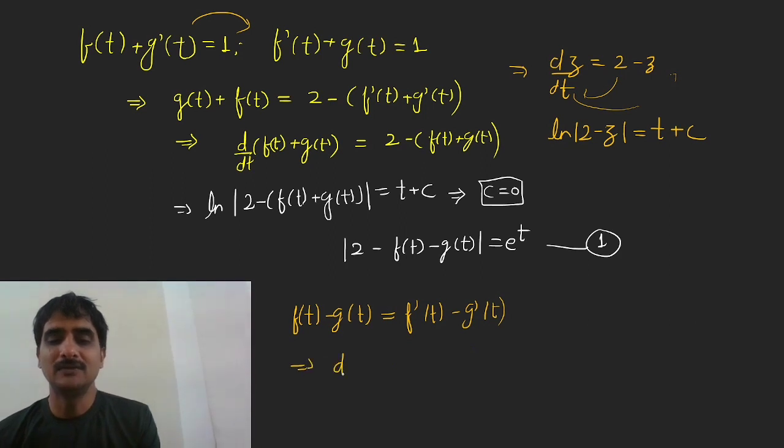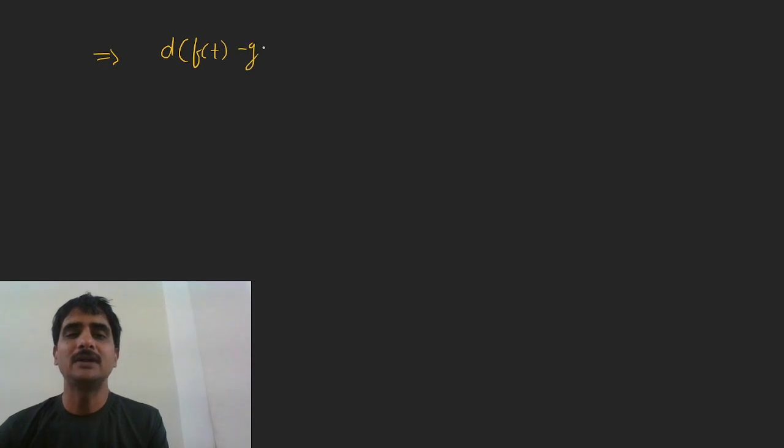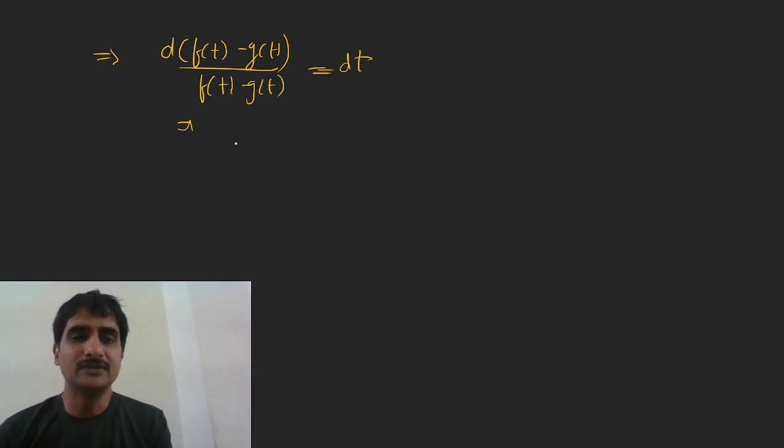So again I may write it as d/dt of (f(t) − g(t)) is equal to f(t) − g(t), bringing it to the denominator in the LHS, so we get d(f(t) − g(t)) divided by (f(t) − g(t)) is equal to dt.